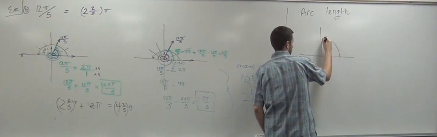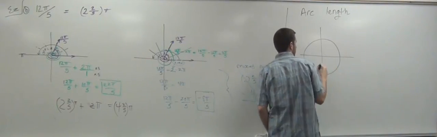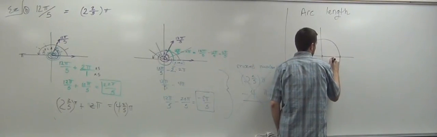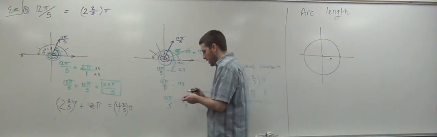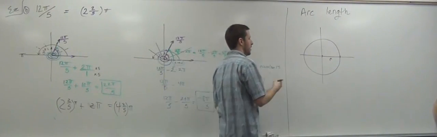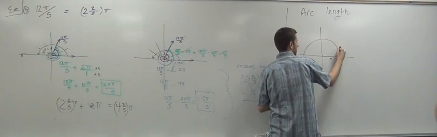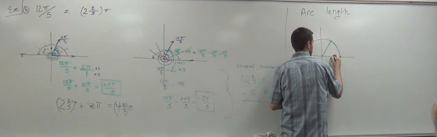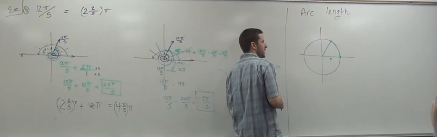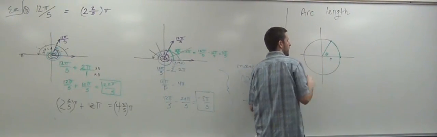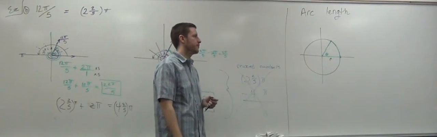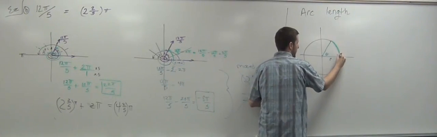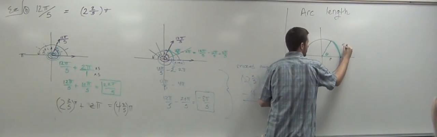If you have some circle of radius r, say this distance here is r, then I can calculate the length of an arc from here to wherever I want, as long as I know the angle that sweeps out that arc, which we usually call theta. This distance here is the length of the arc, and it's called s.